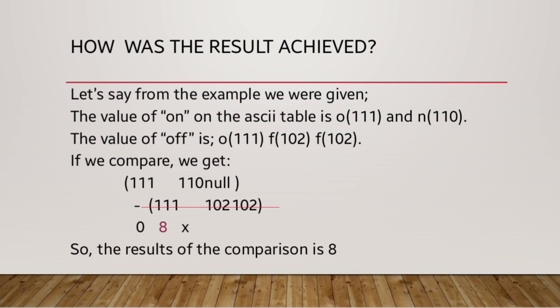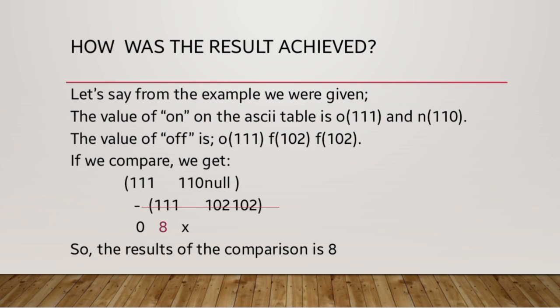Then the value of O in the second case is 111 also. The value of F is 102. So sorry for the misarrangement here. But if you can follow along, remember we are comparing on against off, right?